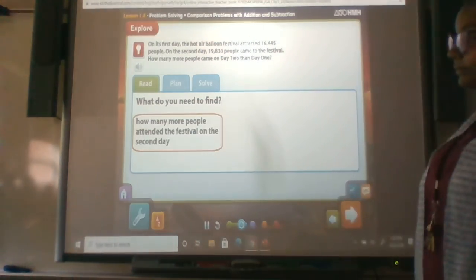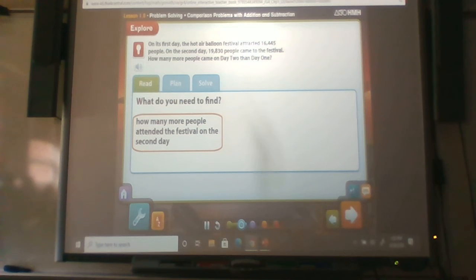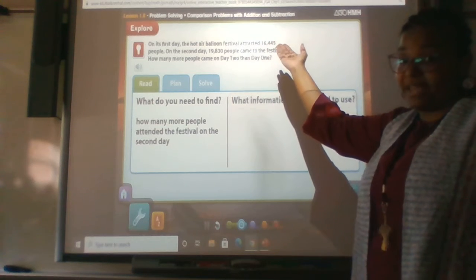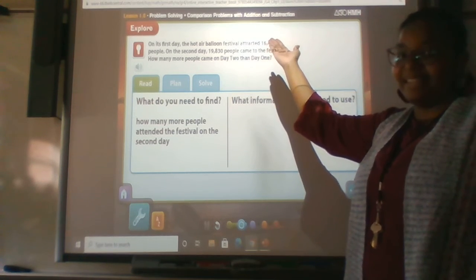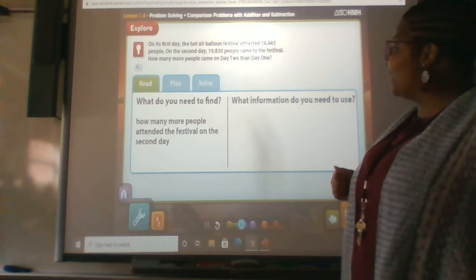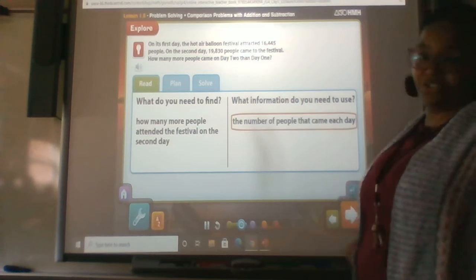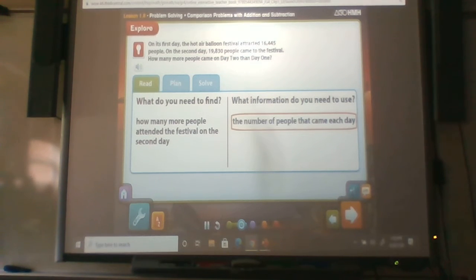Let's get into what do we need to find in the problem. You need to find how many more people attended on the second day than on the first day. To solve this problem, what information do you need to use? We just found that information, right, boys and girls? Let's see if we were correct by clicking what information? You need information about the number of people that came each day. On the first day, 16,445 people came.